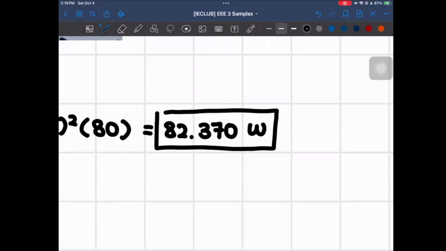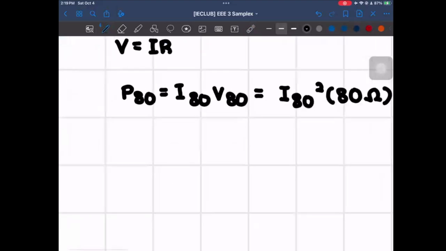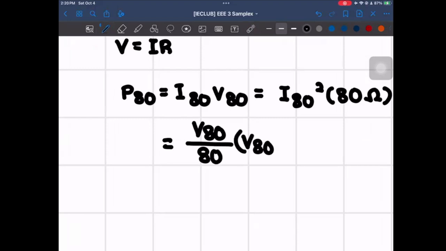And for this, you could recheck it again by converting, instead of converting our V, we could actually convert our I. So that's going to be equal to V80 over 80 times V80. And that's just going to be V80 squared over 80.